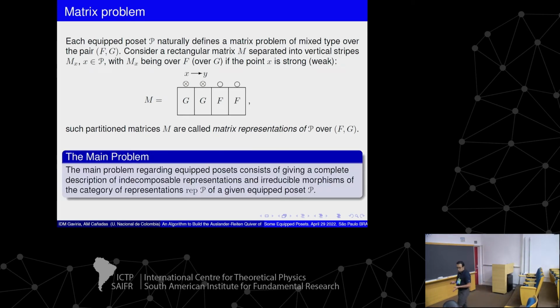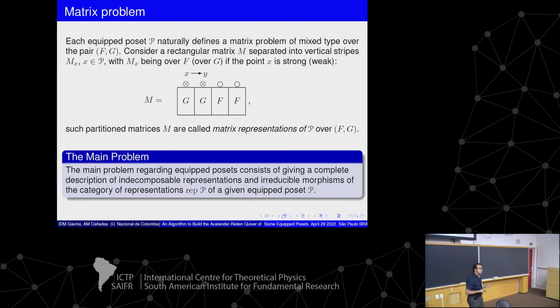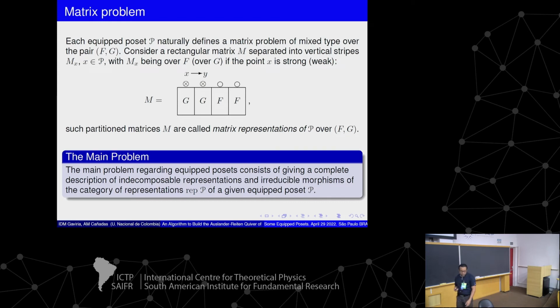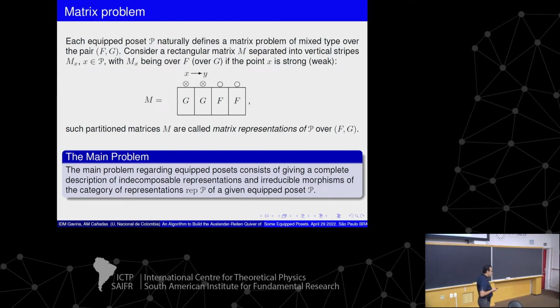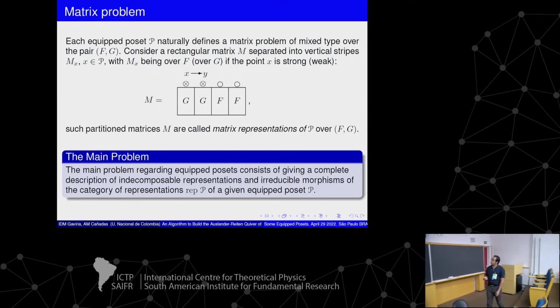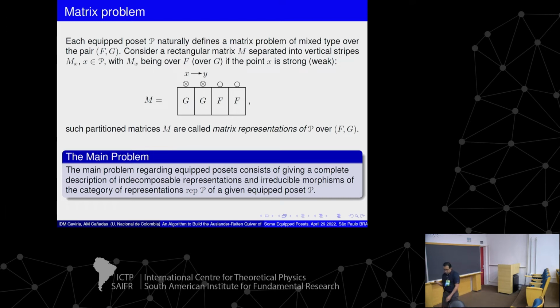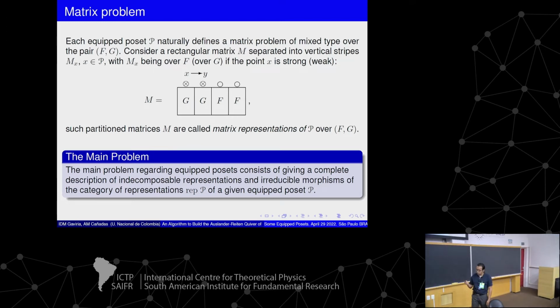The main problem regarding posets with additional structure is to give a complete description of indecomposable representations and classify all irreducible morphisms in the category of representations of the poset, in particular for the equiposet.